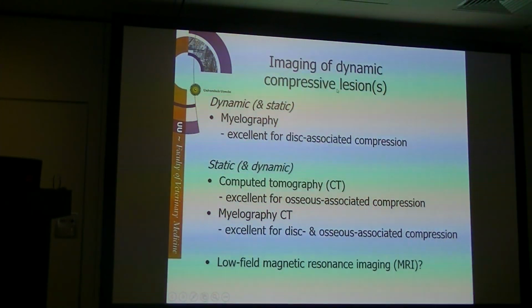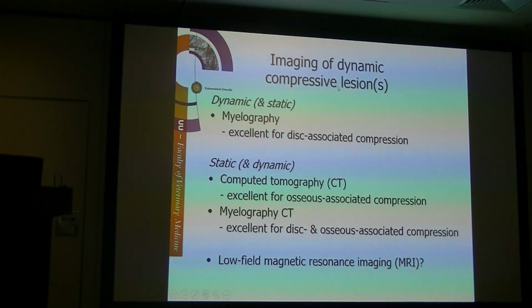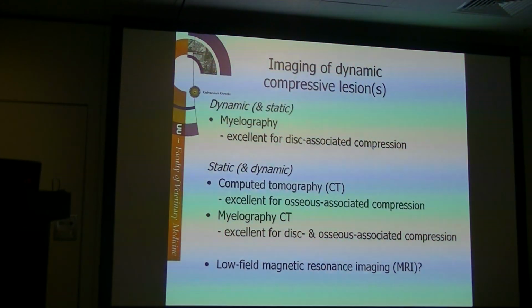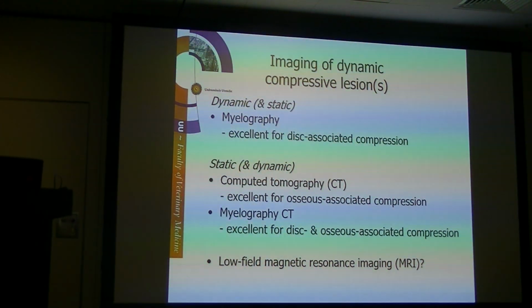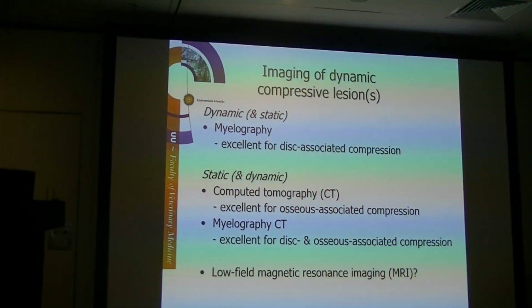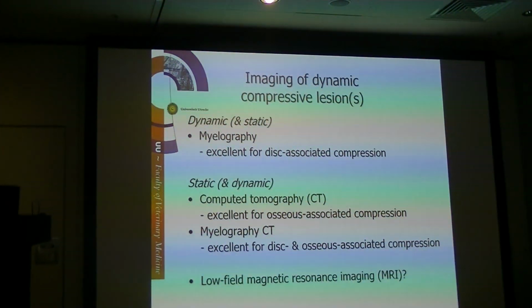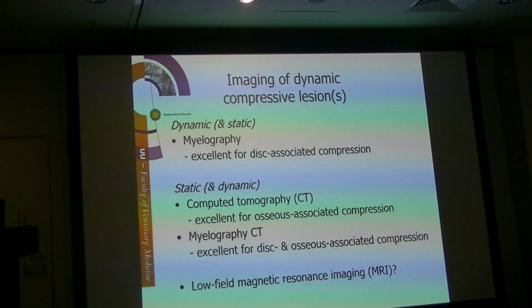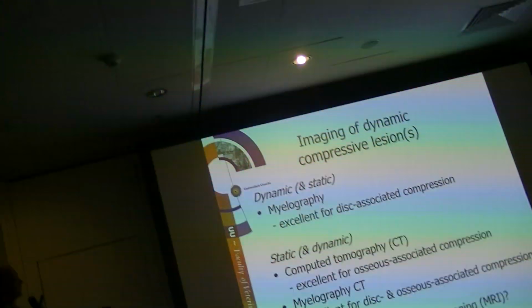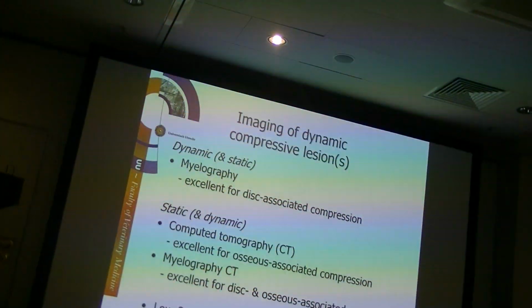So if you look at the imaging that is being used for this disease, over the years, what is described in literature, 10 years, 15 years ago, before we had routine availability of CT and MRI scanners, we diagnosed this disease with a myelogram.